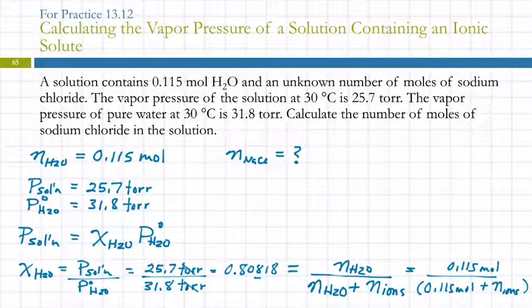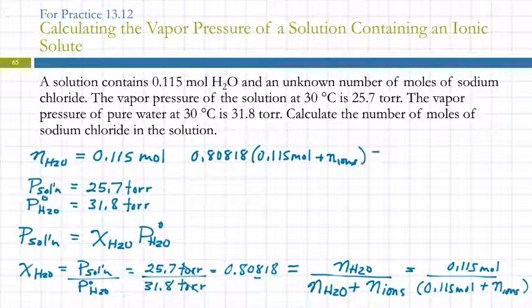We have to do some algebra. So I'm going to erase this thing. So I'm going to cross multiply: 0.80818 times 0.115 moles plus number of moles of ions is going to equal 0.115 moles.